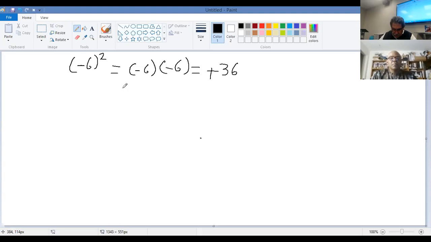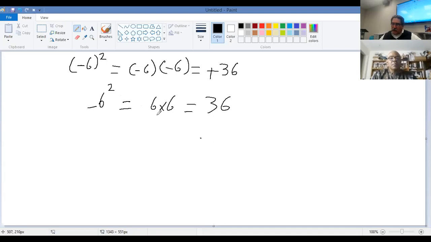Now, this one is good. Number B says -6 to the power of 2. You guys tell me how to do that. 6 times 6 is equal to 36.